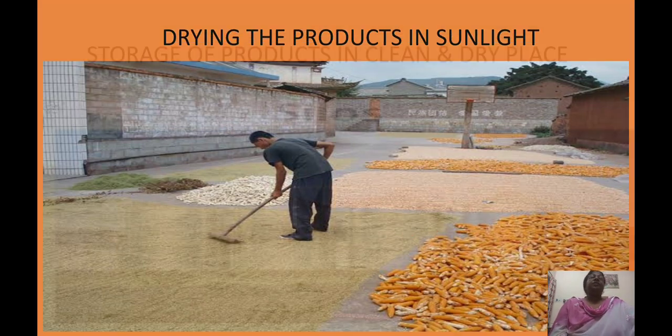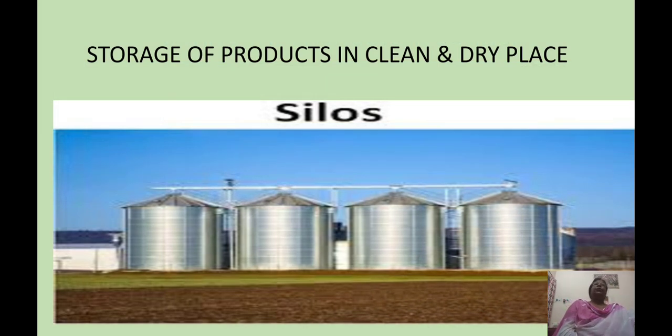Next step is, now the grains are ready, but the whole cultivation practice will go in vain, be wasted, if they are not stored properly. So they should be stored in a clean and dry place, and that storage place is called silos.